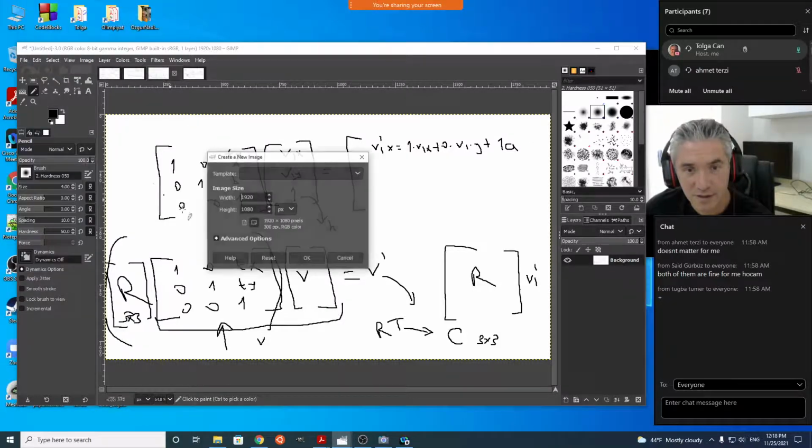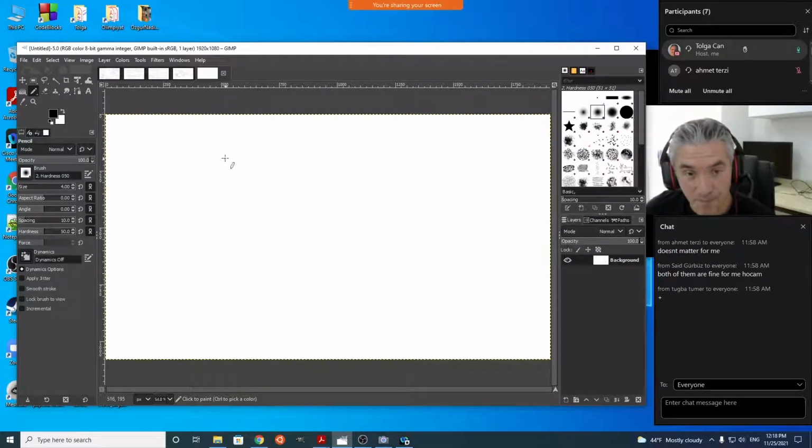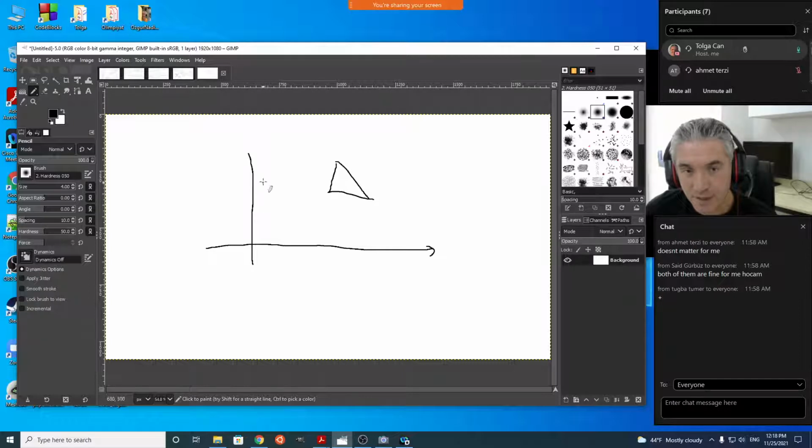Now, let's try to solve this more difficult but more fun problem. We have this 2D problem in which we want to rotate our triangle, for example, theta degrees around the origin.